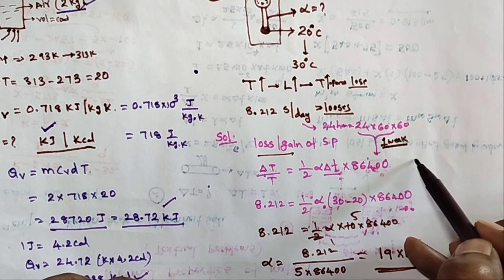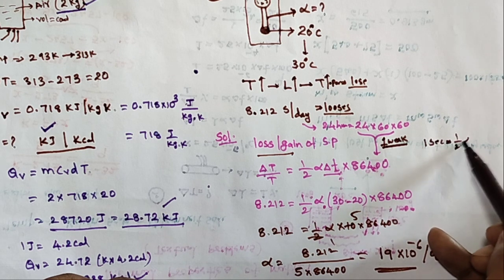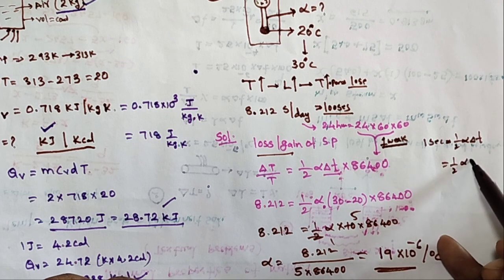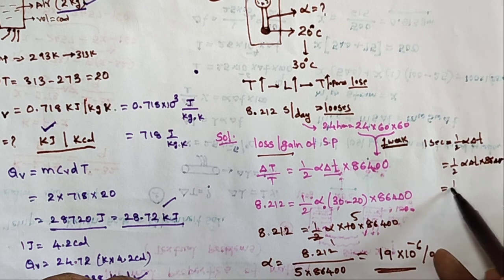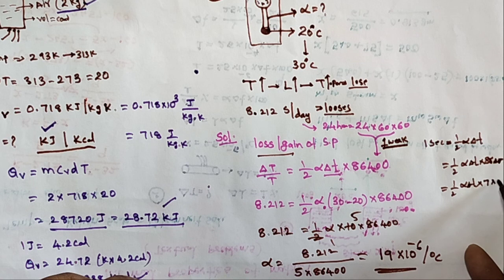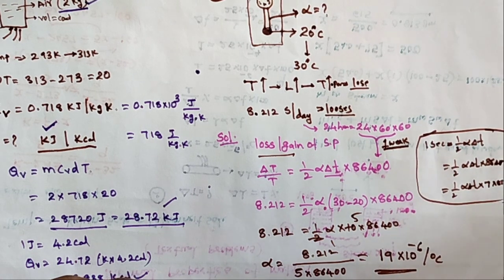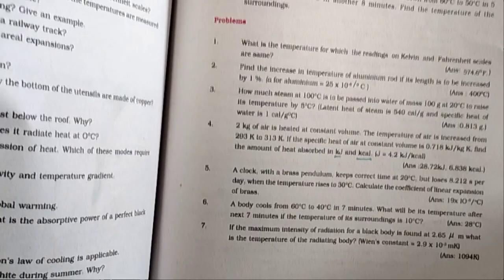If 1 day is given, it is 1 by 2 alpha delta T into 86400. If 1 week is given, it is 1 by 2 alpha delta T into 7 days into 86400. Like this, you can calculate the different heat gain or loss very easily.